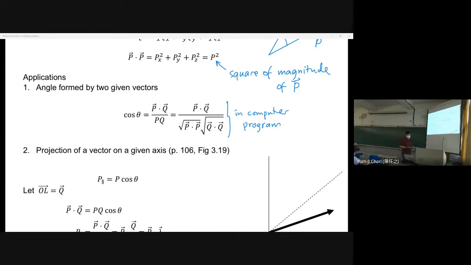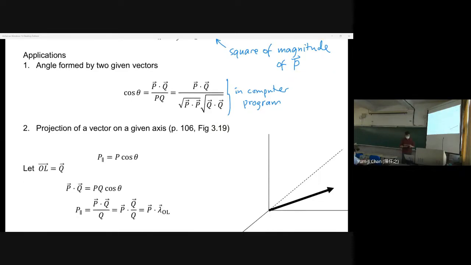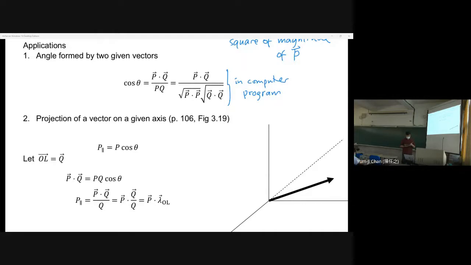The other use of this method is for projection of a vector. I think I've mentioned this on another page: projection of a vector on a given axis. And what does it mean?